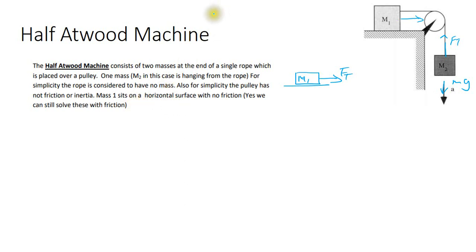So the net force for M1: because there's only one force acting along the horizontal, we would say that Ft, which stands for our tension force, is equal to M1 times the acceleration.